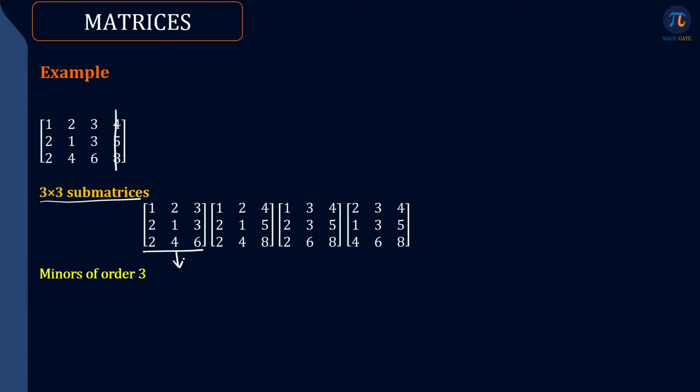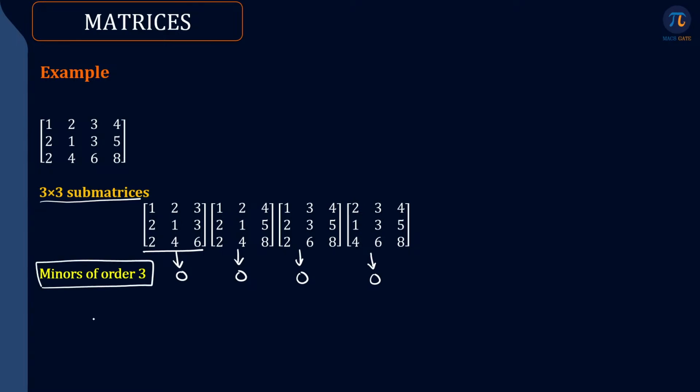You can find the determinant of it. Actually, here all these determinants are zeros. All 3 by 3 submatrices have determinant zero. When you want to know the definition of rank, it depends on this idea only. So all minors of order 3 are 0.